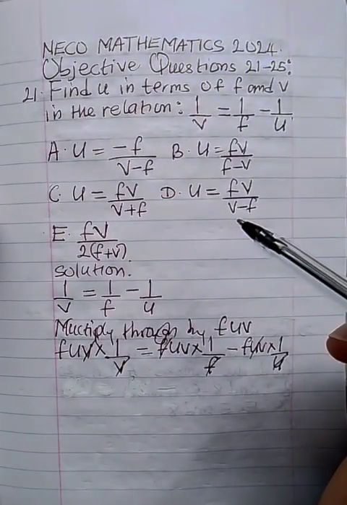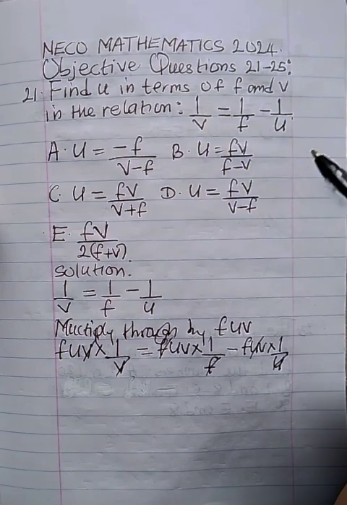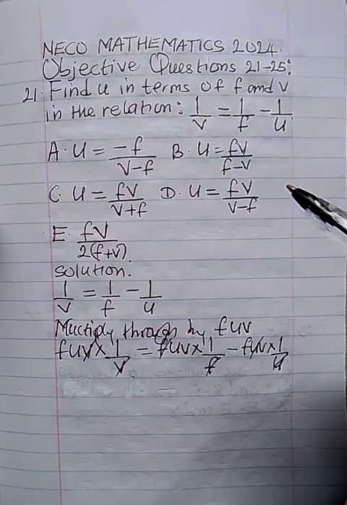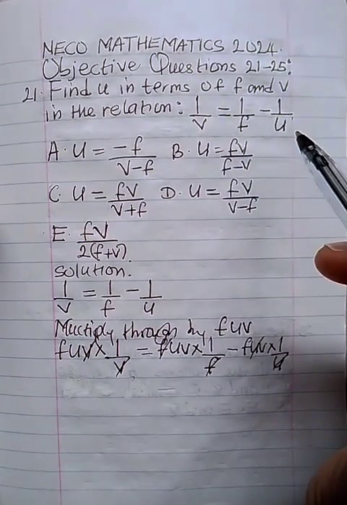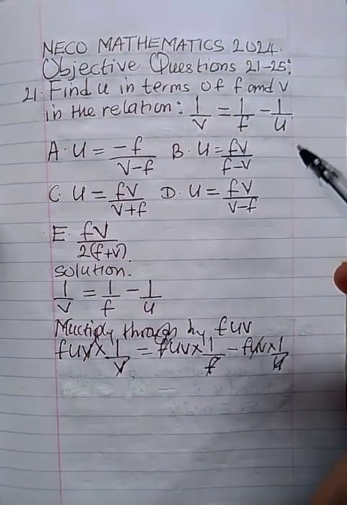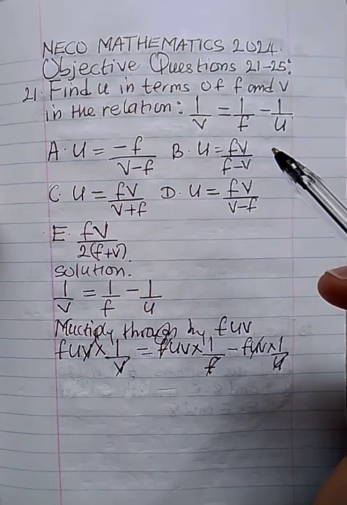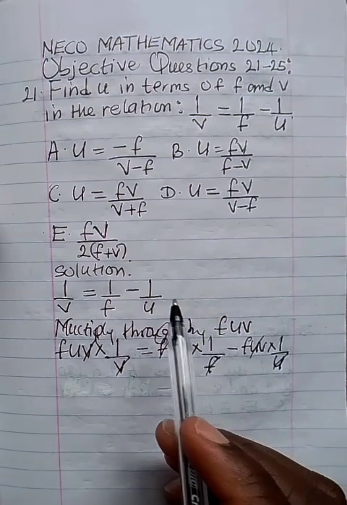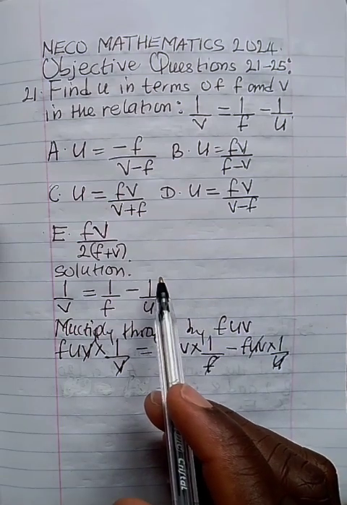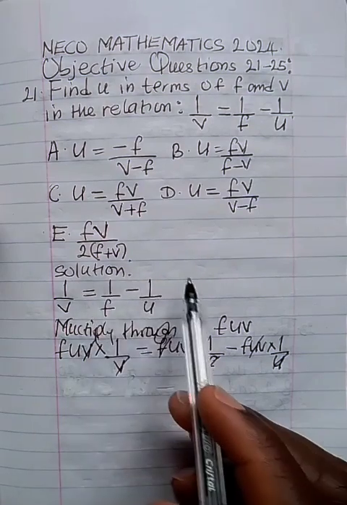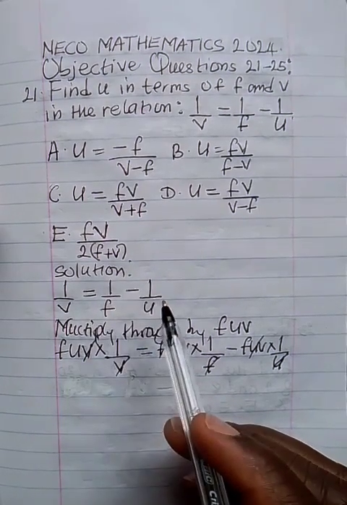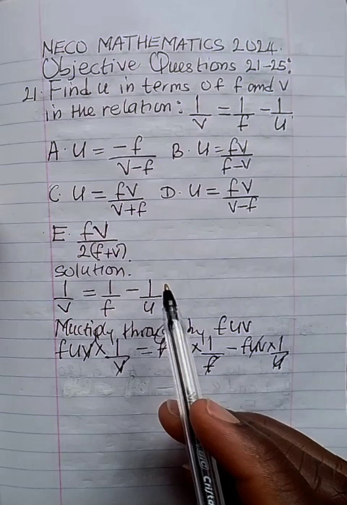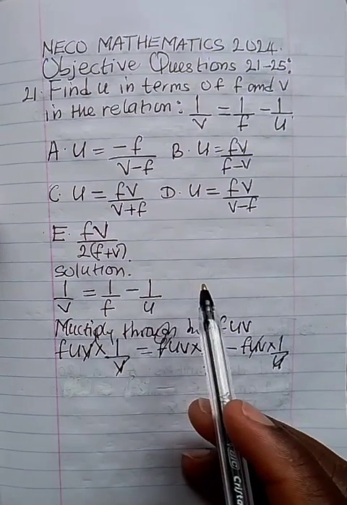Solution. What this problem is simply saying is to make U the subject of the formula in this relation. In other words, U should stand alone. You have the given relation. Since the right hand side is subtraction of fractions, we can make it a single fraction by simplifying through the LCM.